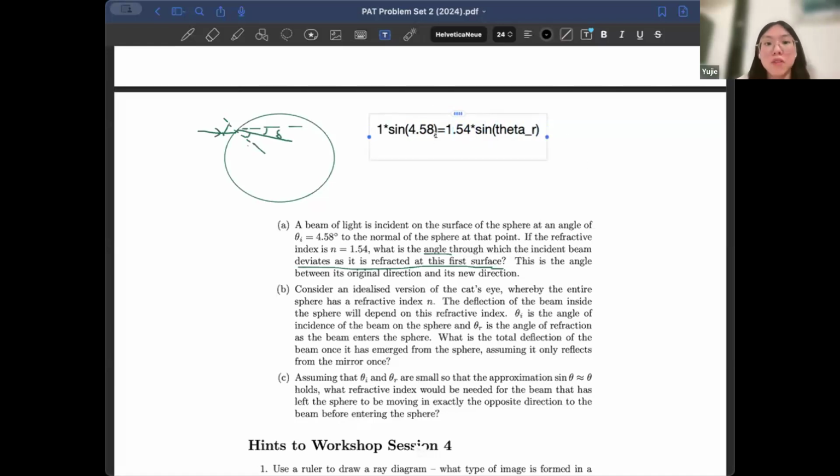So clearly we can solve this equation directly by using your calculator.